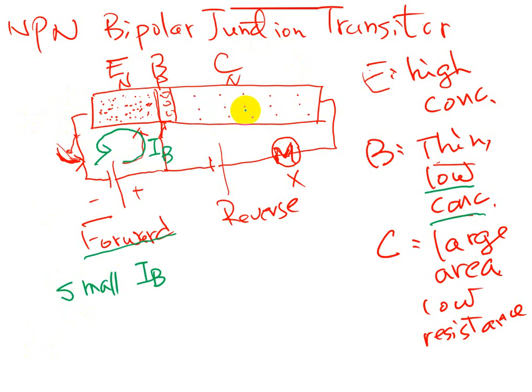But for the right-hand side, because it's reverse bias, you're supposed to have no current coming through at all. But look at here.